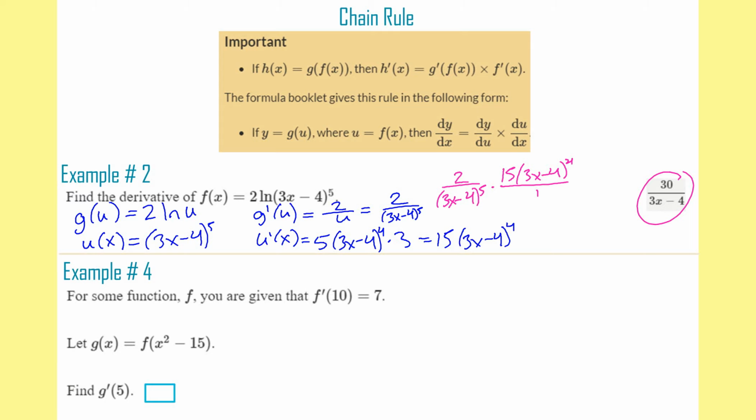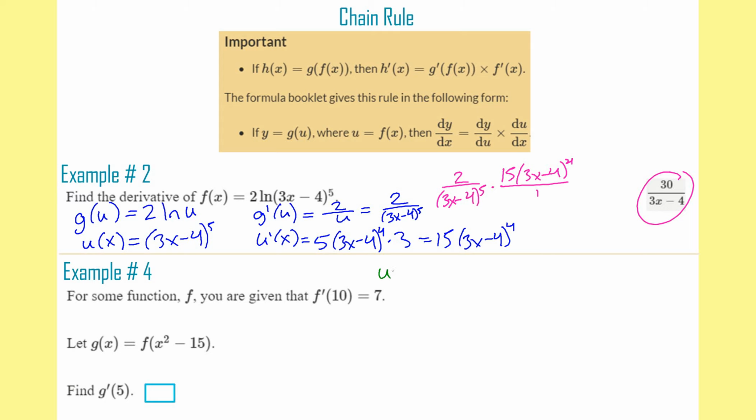I know. Okay. So example 4. So we have our original function is g of x. Okay, and then we plug in the function x squared minus 15.